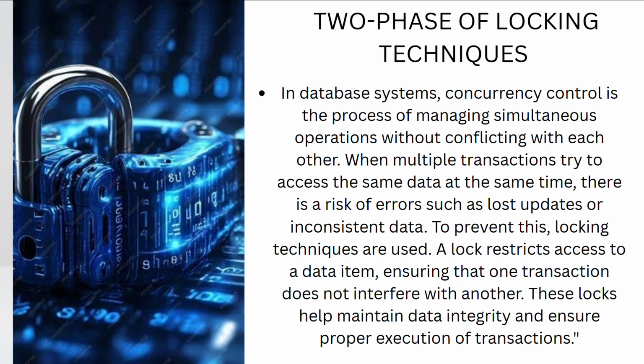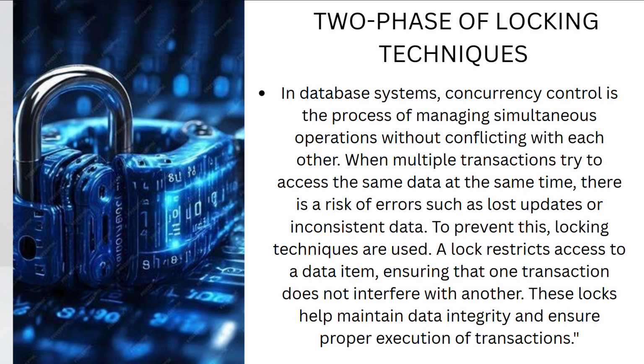When multiple transactions try to access the same data at the same time, there is a risk of errors such as lost updates or inconsistent data. To prevent this, locking techniques are used. A lock restricts access to a data item, ensuring that one transaction does not interfere with another. This lock helps maintain data integrity and ensure proper execution.